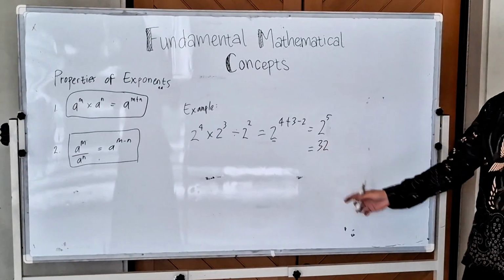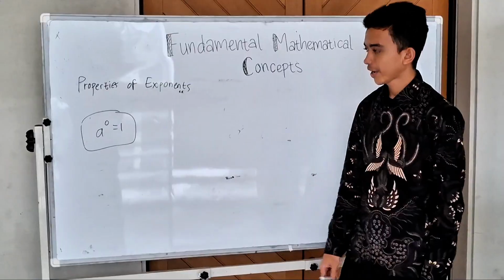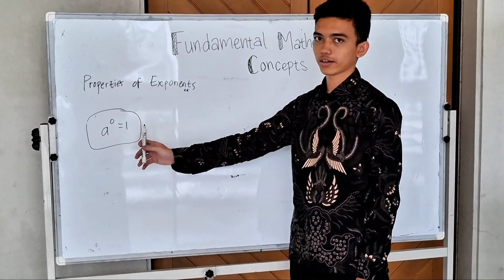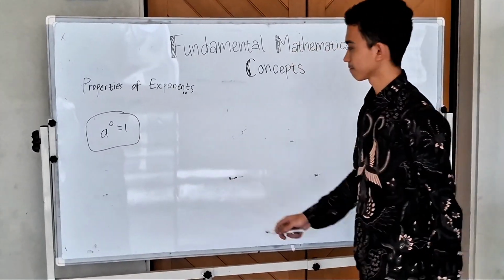and the result is 32. In another property of exponent, we have a to the power 0 equals 1, always 1. Why? I will prove this.